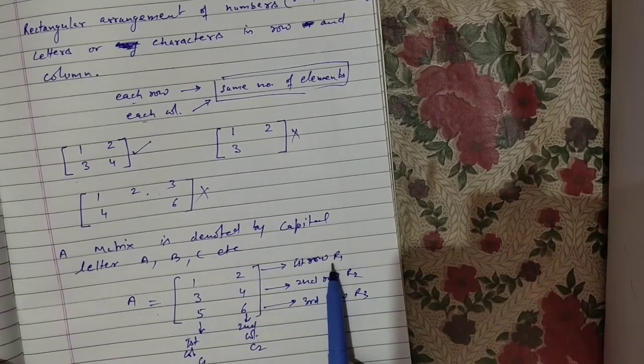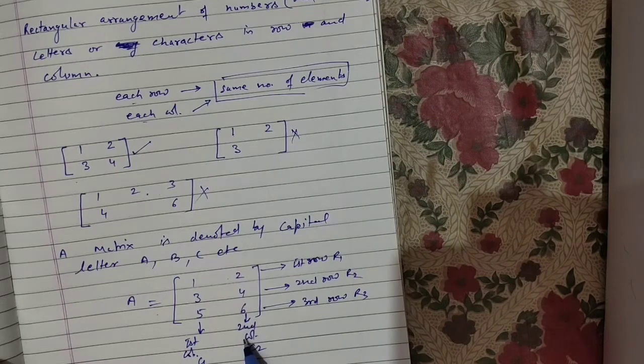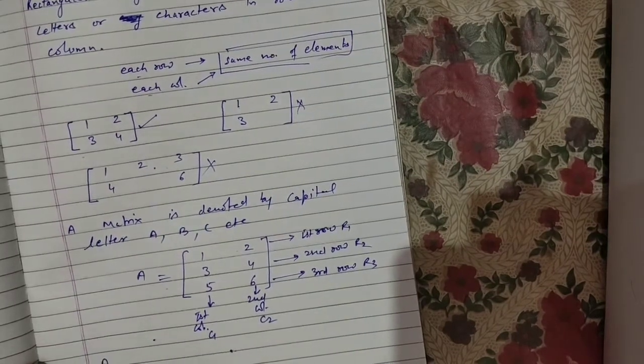The first horizontal line is called the first row, the second horizontal line is called the second row, the third horizontal line is called the third row, the first vertical line is the first column, the second vertical line is the second column. A matrix has three basic things.